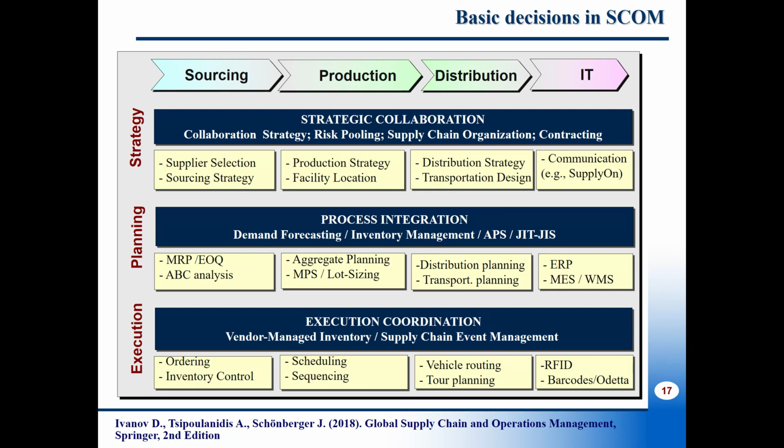At the planning level, the sourcing activity consists of material requirement planning, economic order quantity, and activity-based costing analysis. And at the execution level, ordering and inventory control are part of sourcing. The same applies for production, distribution, and IT, with IT as a support system for sourcing, production, and distribution.